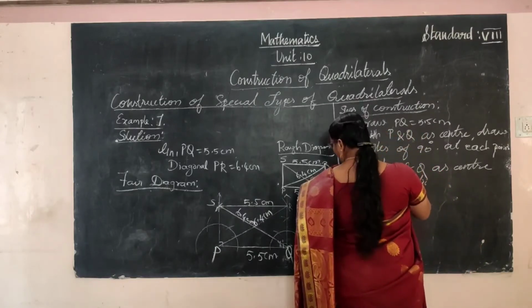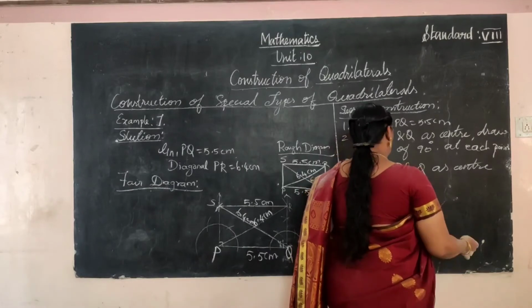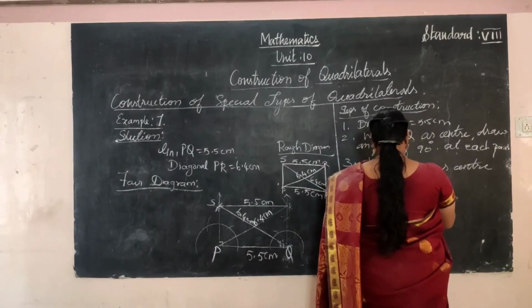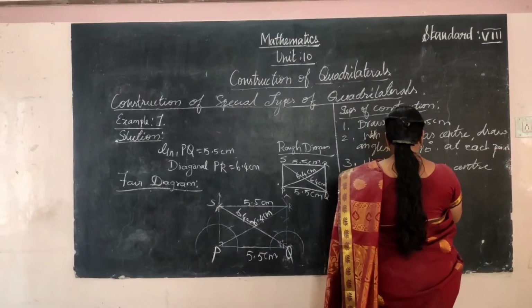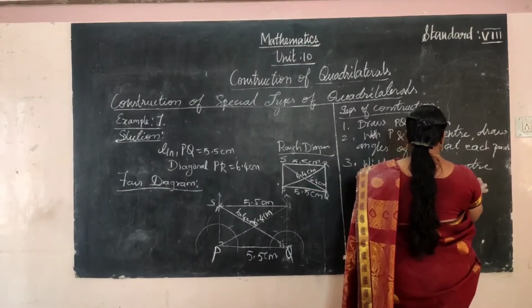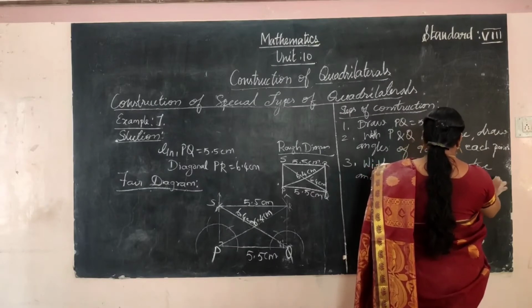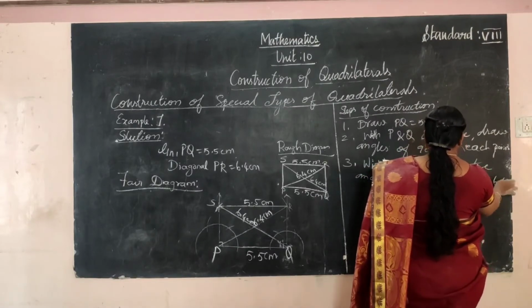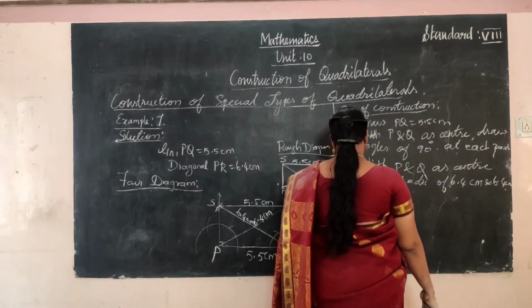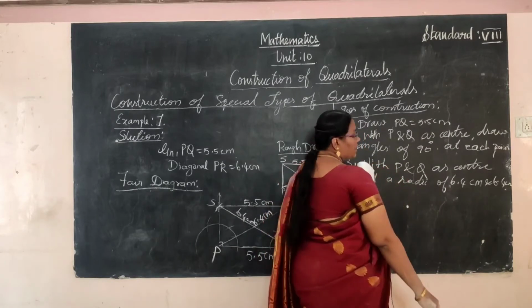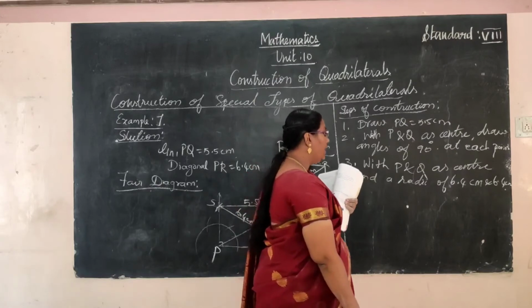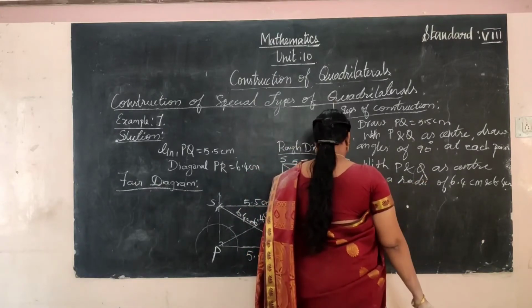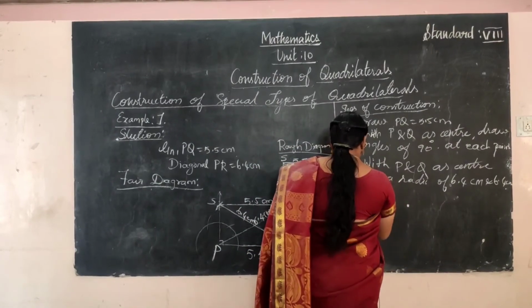We have to write the two points P and Q, so we write radii here, radii of 6.4 centimeter, twice. Because the diagonals of a rectangle are equal in length, we use 6.4 centimeter.